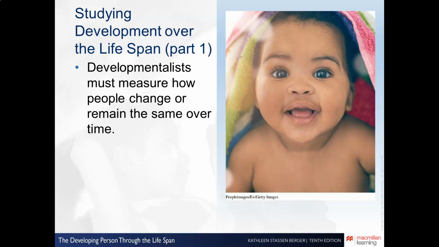Okay, moving on, we're going to talk about studying development over the lifespan. I just wrote this really quickly here, remember developmentalists measure how people change or remain the same over time. I know we've looked at that definition before, but I just want to say it a few times to help you remember that.